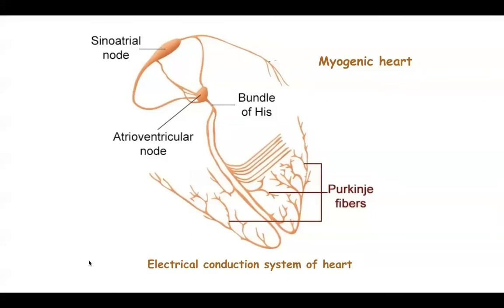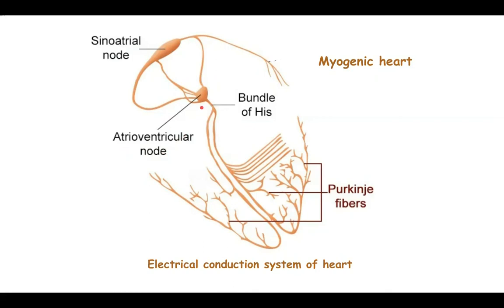The human heart is a myogenic heart. A myogenic heart means the impulse for heartbeat generates in the heart muscles itself. It generates from a specialized muscular tissue called the sinoatrial node. So here the impulse for heartbeat initiates. This sinoatrial node is present in the dorsal wall of the right auricle. From here, the impulse is transmitted to the atrioventricular node, the AV node.